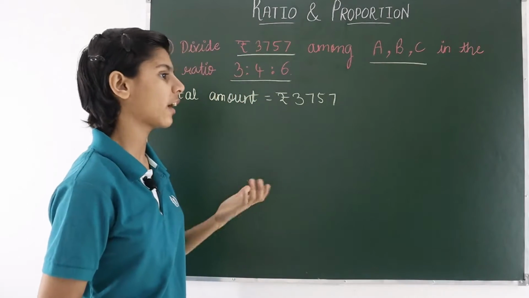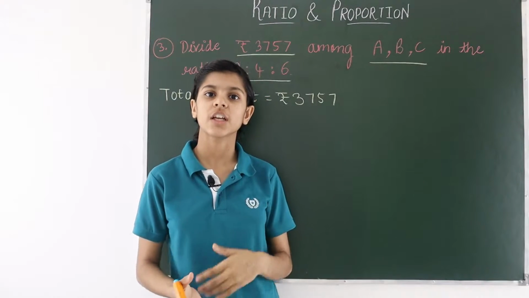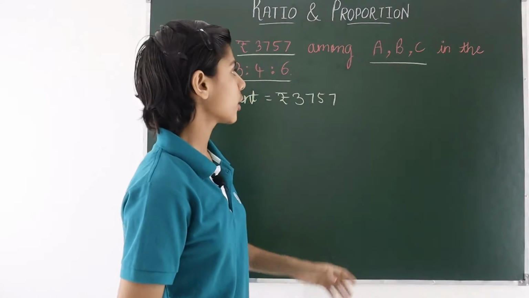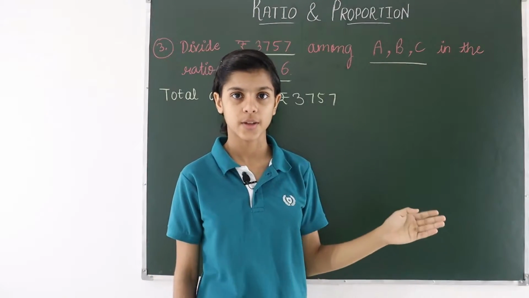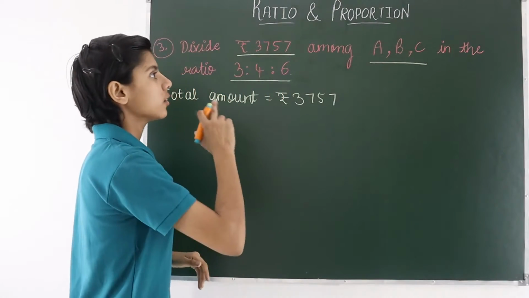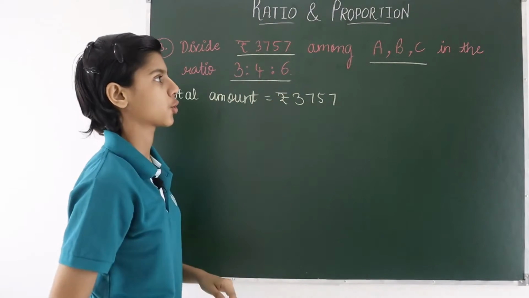Because if we are not having anything, we put the variable in place of that so that we can find the value. So here we are not having how much amount of money these three will get. So we will let their amount as x multiplied by their respective ratios.